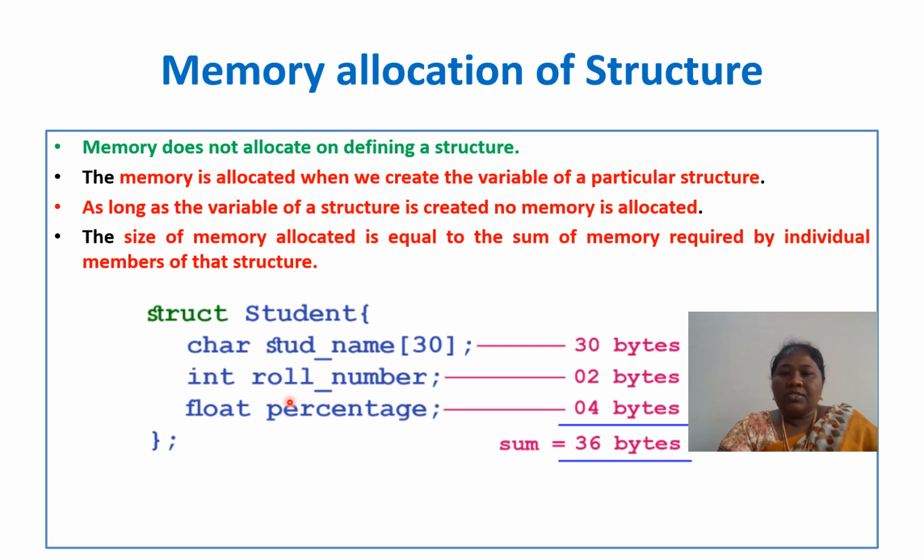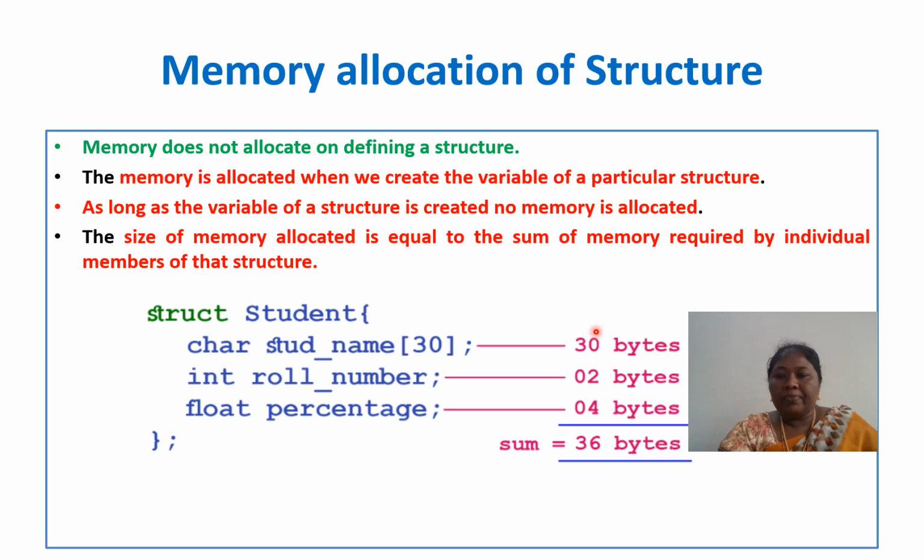And if it is integer data, as per your processor, consider here it as 4 bytes. And if it is a float, 4 bytes. Likewise, you then have to sum up all these combinations. So totally 36 bytes will be allocated for this particular structure.